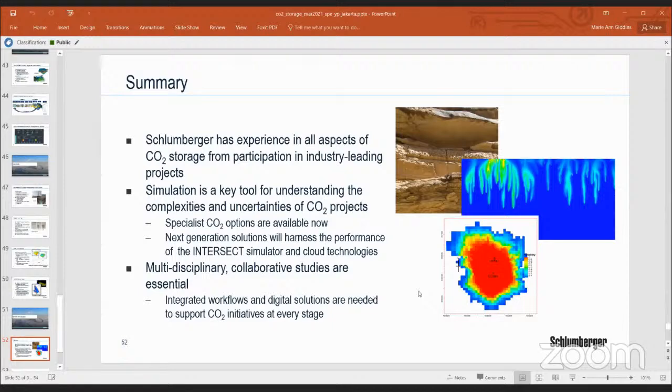Is there a greater chance that the CO2 will drop to the bottom of the reservoir in a heterogeneous reservoir or a homogeneous reservoir? How well is the CO2 mixed with the other fluid? Or will you actually find that you don't get complete miscibility? And those sort of things are what you need to test with a dynamic simulation.